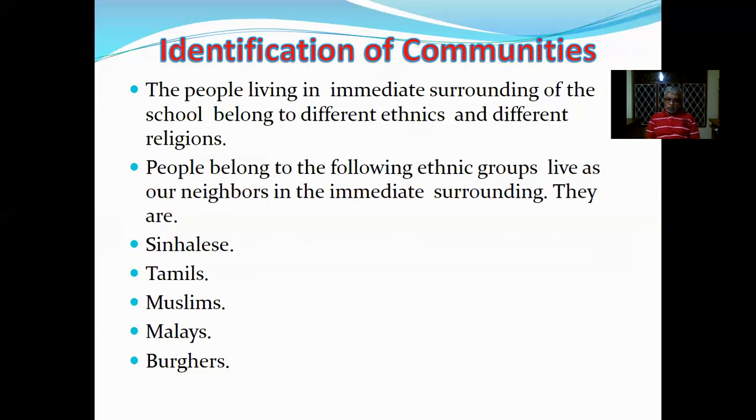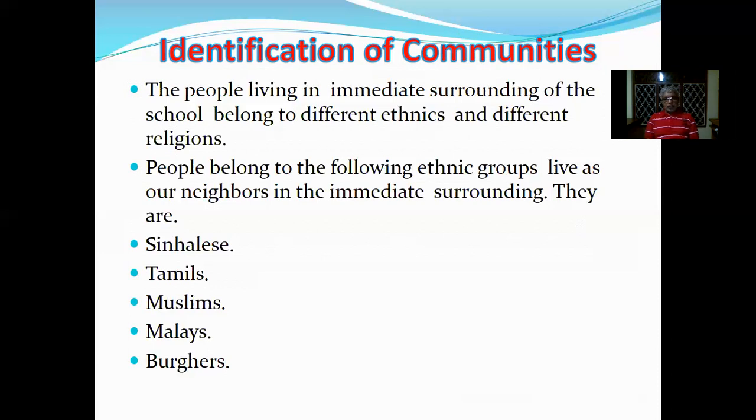While you talk about the economic activities, that idea is also necessary to keep in mind. Therefore, our society or our immediate surrounding consists of different types of people belonging to different ethnic groups. These different ethnic groups can be found in Sri Lankan society or our immediate surrounding.